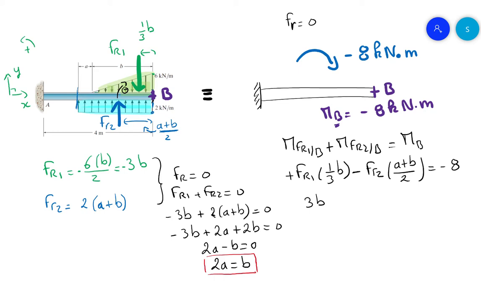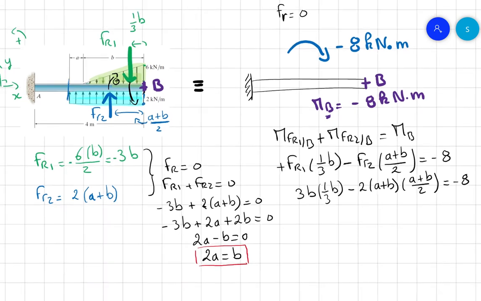We don't take into account the minus because it's the rotation that is important, and the rotation is in the positive direction. So the rotation of FR1 about the point B is counterclockwise, positive direction. So 3B times 1/3 of B minus FR2, that is 2 times A plus B, times the distance A plus B divided by 2, is equal to -8.